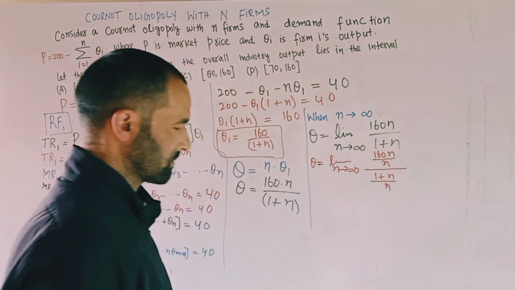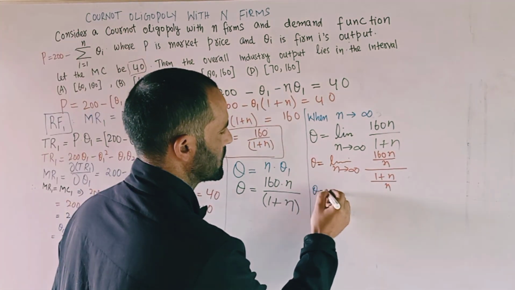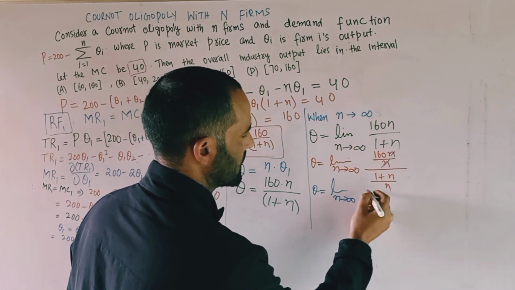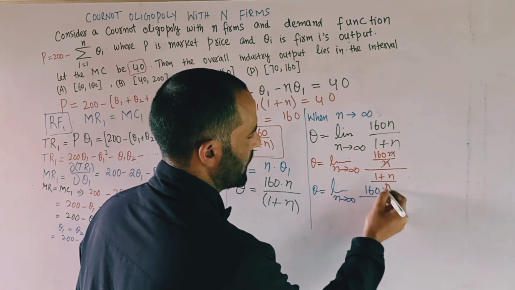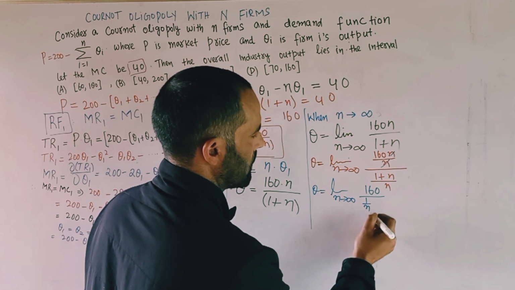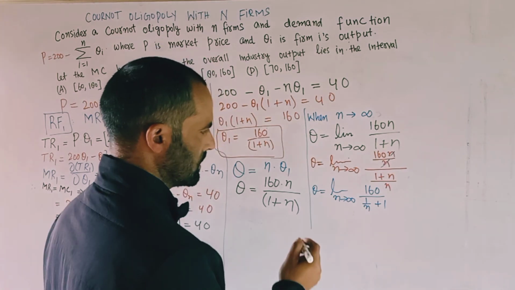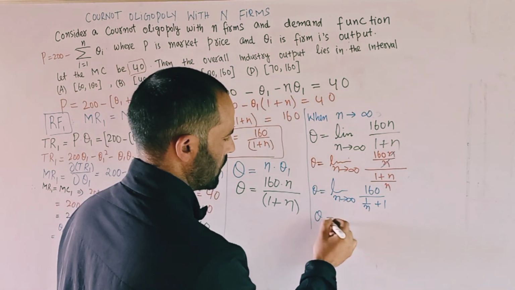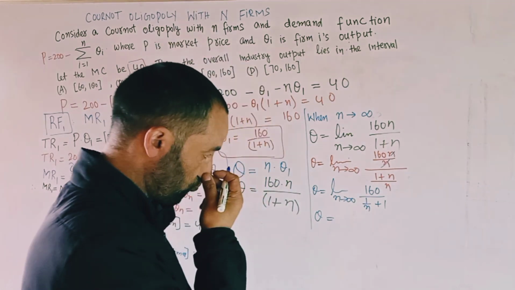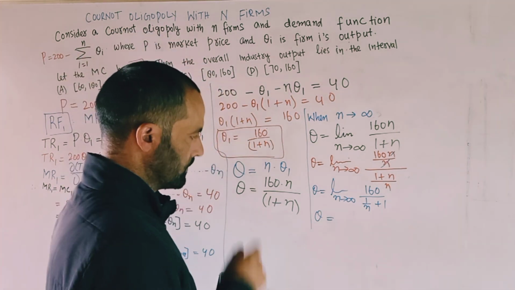So what will we get? Q is equal to the limit as n tends to infinity. The n and n will get cancelled. We are left with 160 divided by 1 upon n plus 1. As n tends to infinity, we know 1 upon infinity will be equal to 0.